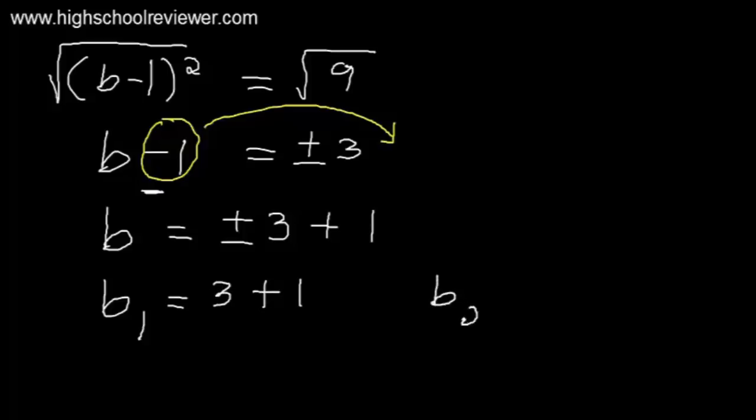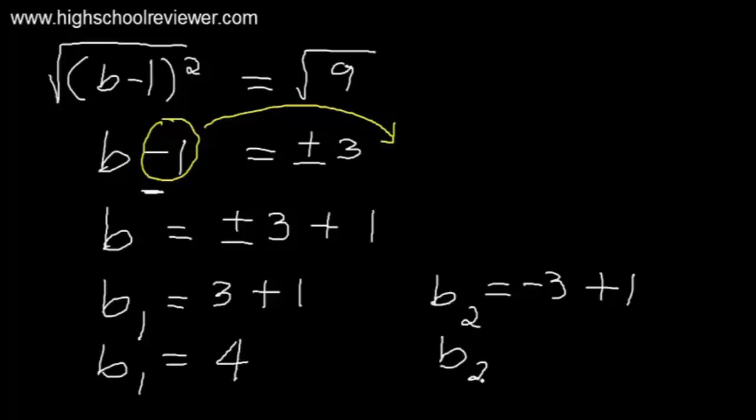Our b sub 2 will be the minus 3, so this is minus 3 plus 1. So b sub 1 here is 3 plus 1, that is 4. And b sub 2 will be negative 3 plus 1, negative 2. These are now our final answers.